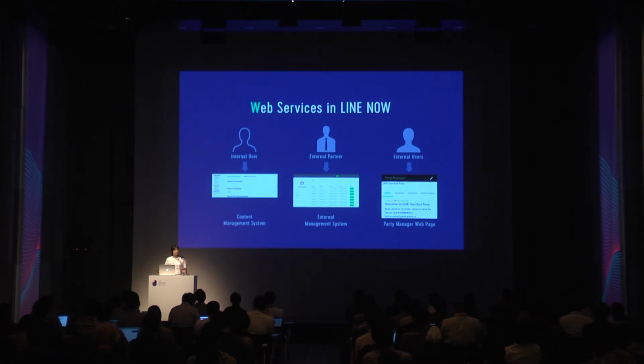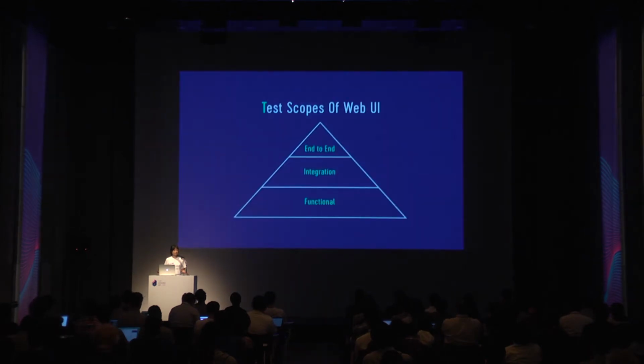Let's see our test strategy in web UI for those different web applications. The test scope can be divided into 3 levels: functional, integration, and end-to-end level. The test scope in functional level is the minimum function provided by the system, such as creating an event in the content management system.